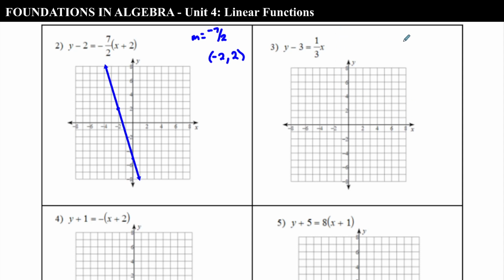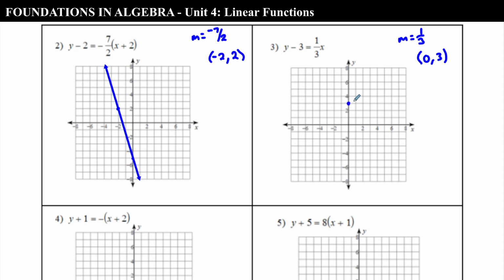All right, for the next one, our slope here is 1/3, and our point is, well, we've got no number that goes with our x. So our x coordinate is going to be 0. Our y coordinate is going to be 3. So we go to 0, 3, and we're essentially talking about a y-intercept here.